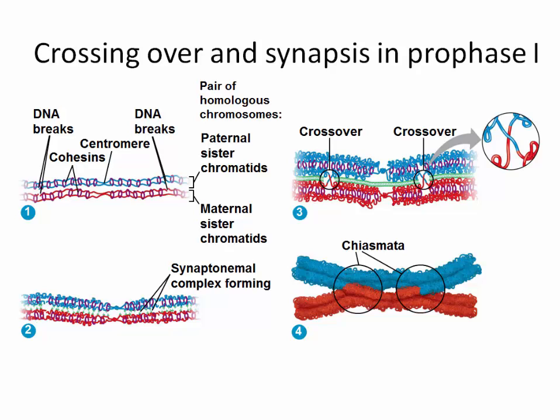However, when you look at picture number 2, which is at the bottom of it, you see this synaptonemal complex forming, which has all these little green dots and all this complex stuff where the breaks are. And then all of a sudden in picture number 3, what you see is this zipper-like structure that is holding everything together while these breaks are occurring.